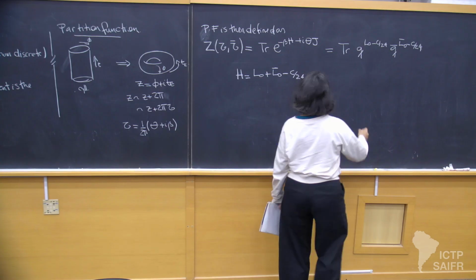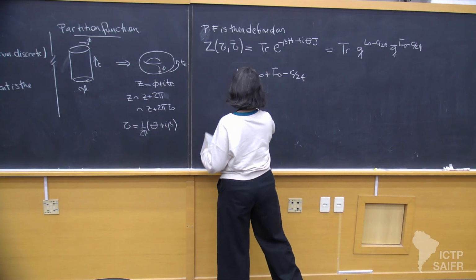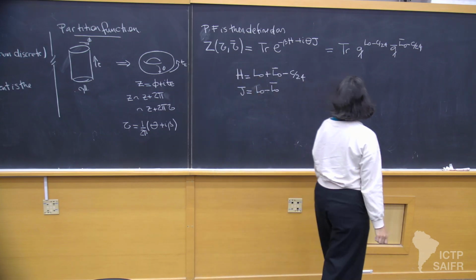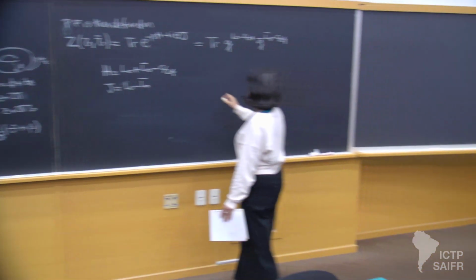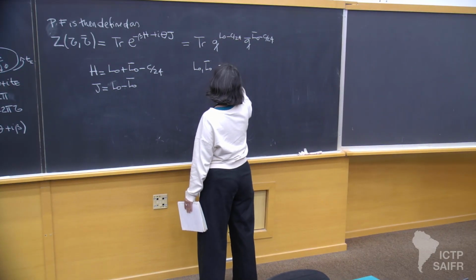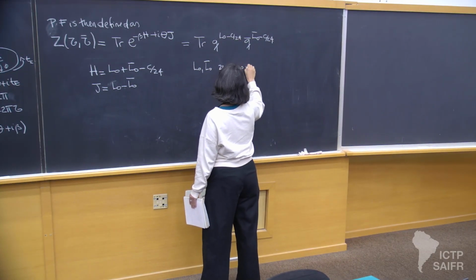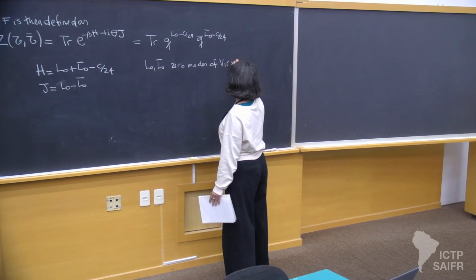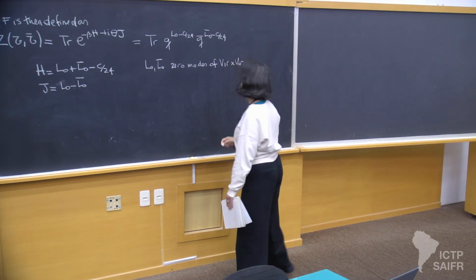So here, I have to define a few things. J is the difference. L0 and L0 bar are the zero modes of the Virasoro times Virasoro for each copy of the CFT.